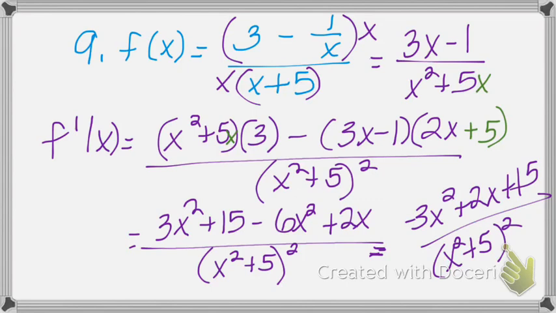Alright, so then I multiply 3x squared plus 15x minus, and now we FOIL, 6x squared, that'll be minus 15x minus 2x, and then minus 5. So when I combine these, I still get a negative 3x squared.